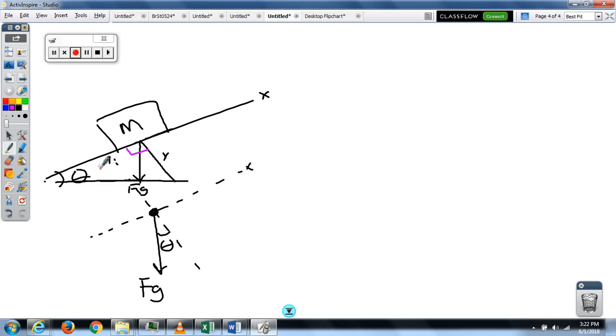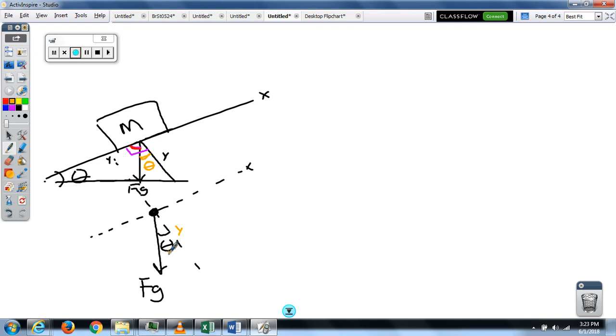This angle here and this angle here, let me put it in red, have to add up to 90 degrees, but so does this red angle and this orange angle. So this orange angle here must be theta. This is the y, this is the y, this is F_G, this is F_G, so that angle must be theta.